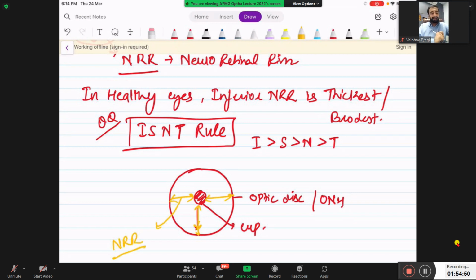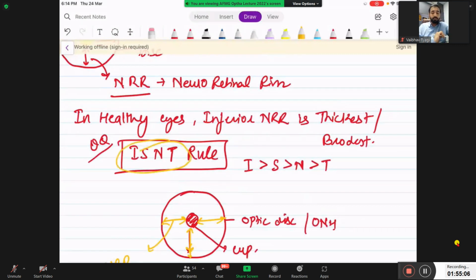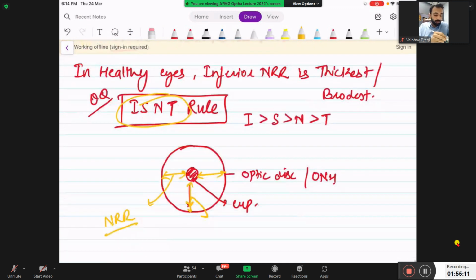NRR. And the thickness of the neuroretinal rim is not uniform in all four quadrants. It varies. Now, what is the variation? In healthy individuals, it follows the rule called the ISNT rule, which states that the inferior neuroretinal rim is the broadest, as compared to superior, followed by nasal, and followed by temporal.